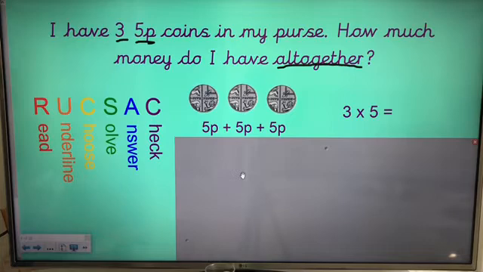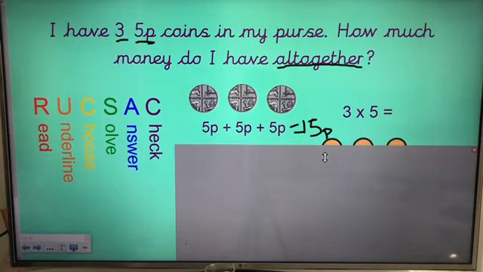We can use our number bonds and we know that 5 add 5 is 10, or you could have counted on. Now that we've got 10, we can count on another 5 for our third lot of 5. Ready? 10, 11, 12, 13, 14, 15. So we've got 15, what? 15p. There we go, 15p.